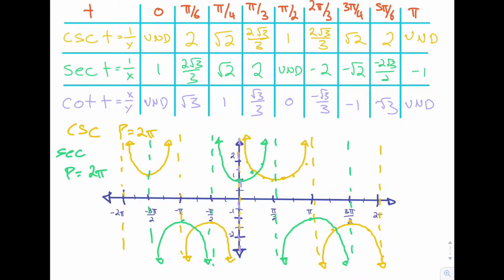So at pi over 6, we're at about root 3, and the square root of 3 is about 1.7. So I'll draw that right about there. And then we hit pi over 4, we're down at 1. At pi over 3, we're at root 3 over 3, which should be less than that, so we'll just keep traveling along here. Pi over 2 we hit 0, and then we take on similar values. So here, here, here, and then once we approach pi, we're again hitting this asymptote.